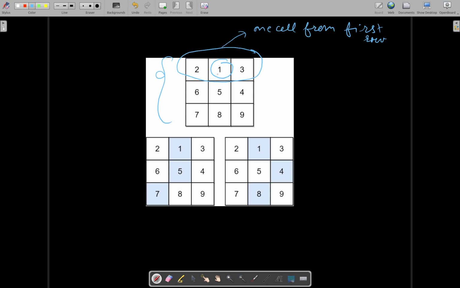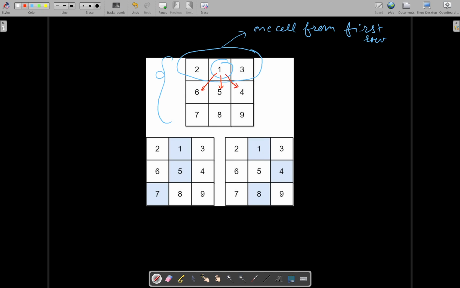Right now we are not concerned with whether these three options will be within the boundaries of the matrix or not. For convenience, I have chosen this particular middle element so that I can show you the three options. The very first option is this one, the second option is this one, and the third option is this one.